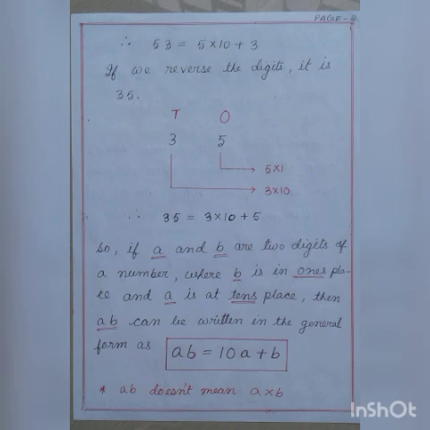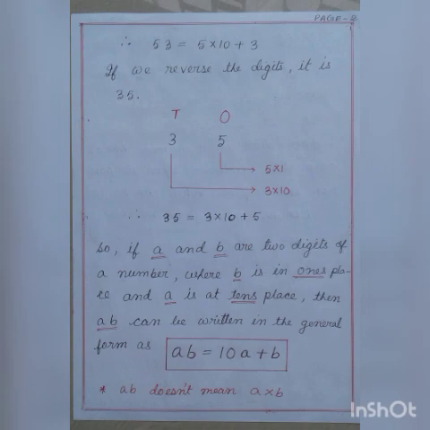If we reverse the digits, it is 35. That means 3 comes in tens place and 5 is placed in ones place. So the place value of 5 is 5 into 1 and the place value of 3 is 3 into 10.